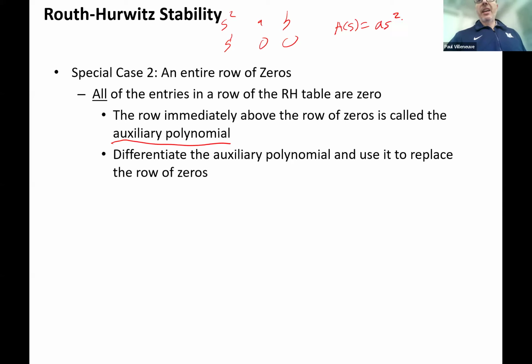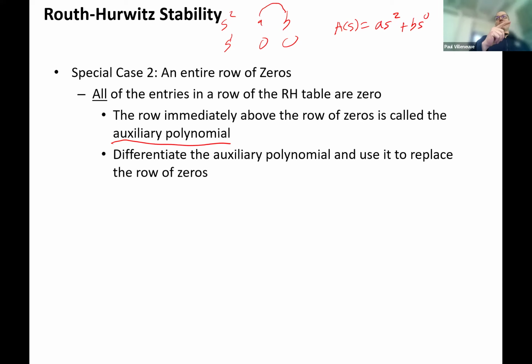That's going to be equal to AS squared plus B. What should that be equal to? Is it B times S? It'd be S to the 0, right? Because remember, each of these terms you skip.